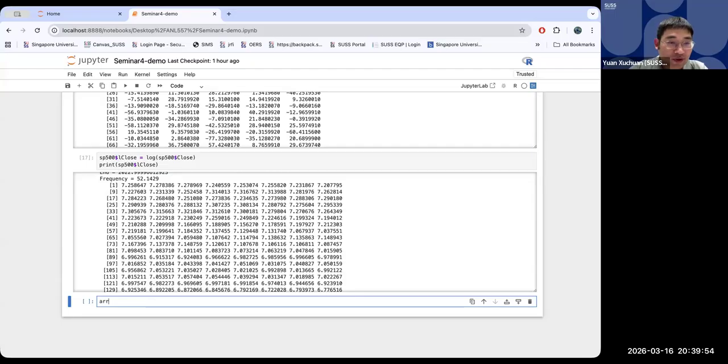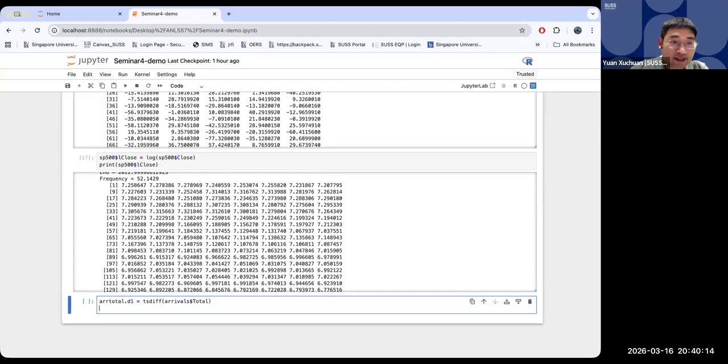Let's generate this: arrival total difference order one equals tsdiff of arrivals total. Okay, and you want to print arrival total.